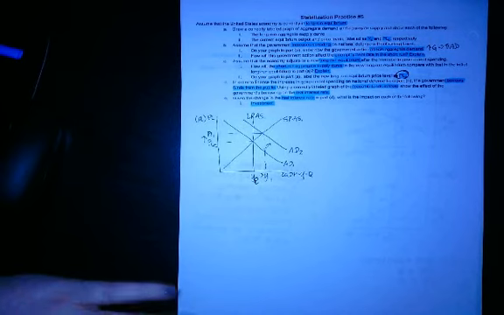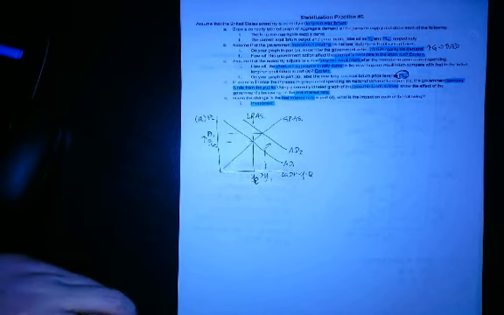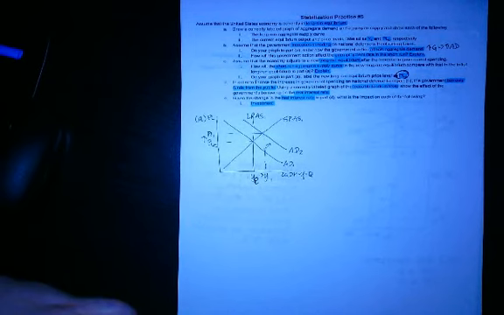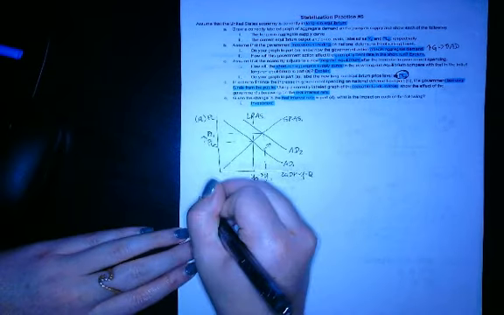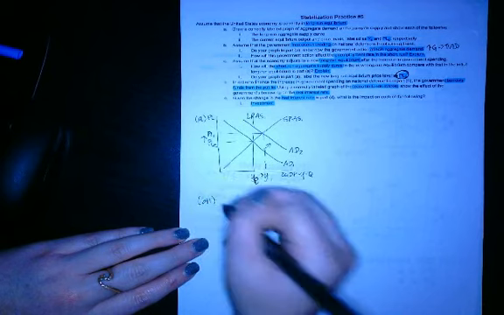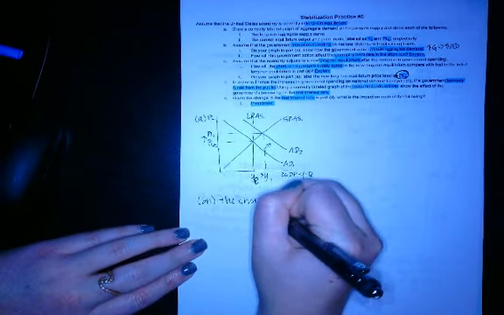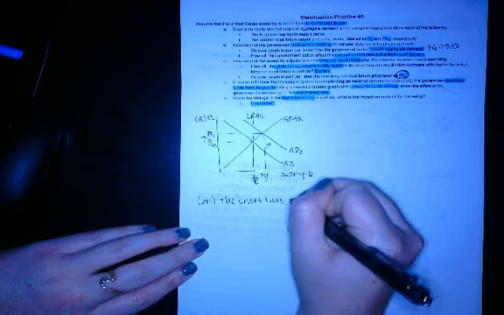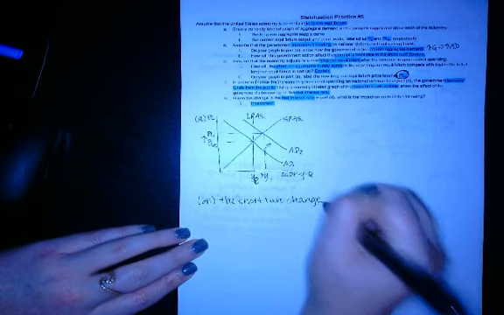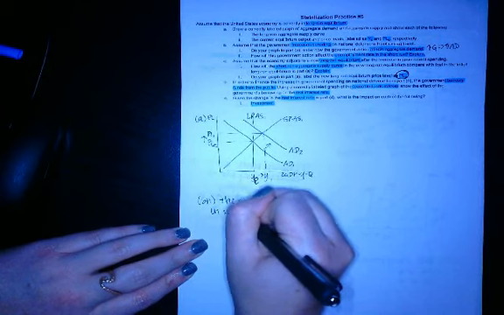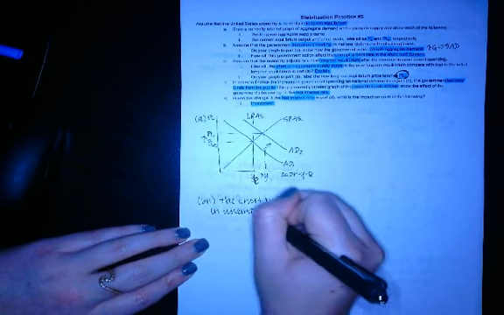How will this government action affect the unemployment rate in the short run? We'll talk about B2 here. So the short run change in unemployment is going to be what? What do you think?